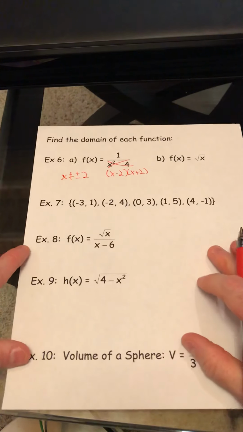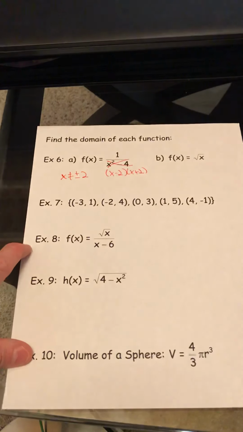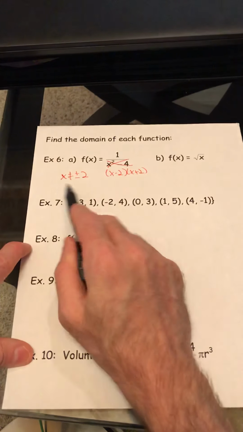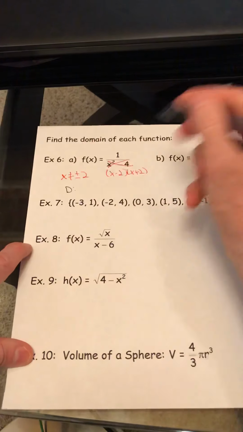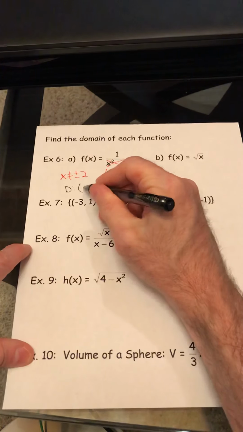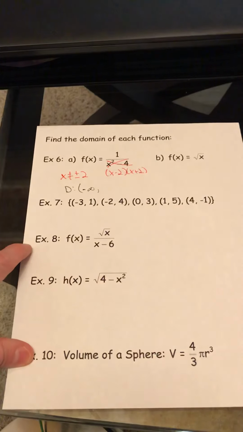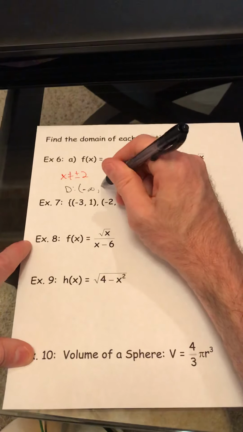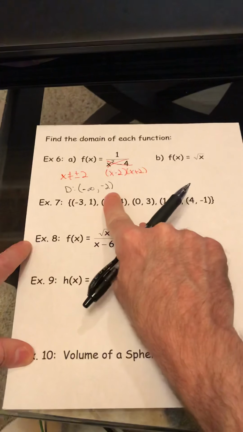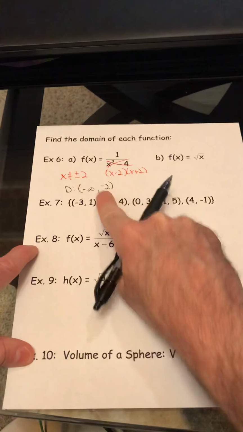Now, as far as what that does in terms of your domain, every value but 2 and negative 2 will work. So, our domain starts from negative infinity. It stops at negative 2 because it cannot equal negative 2.